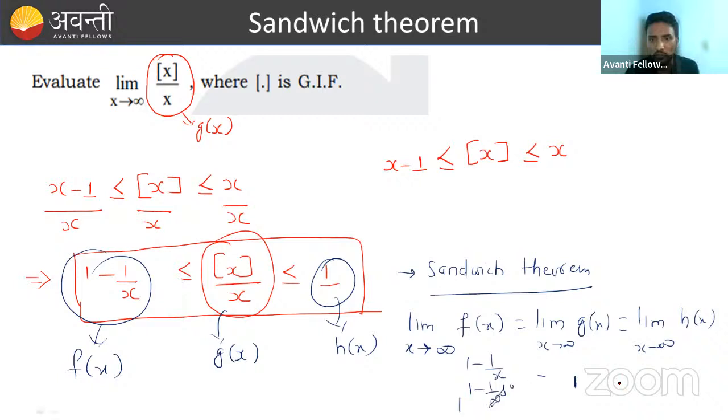And this is already 1. So h(x)'s limit is 1 and f(x)'s limit is 1. So indirectly you can say that the limit as x tends to infinity of g(x), that is, the greatest integer function of x divided by x, will also equal 1 only.